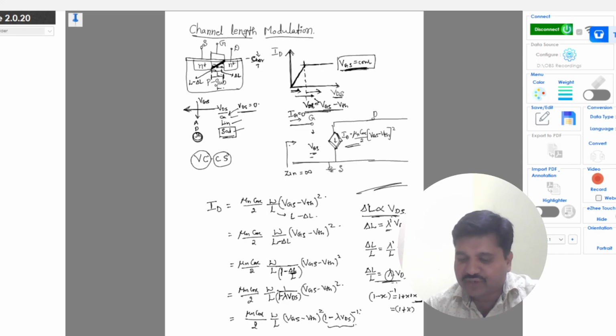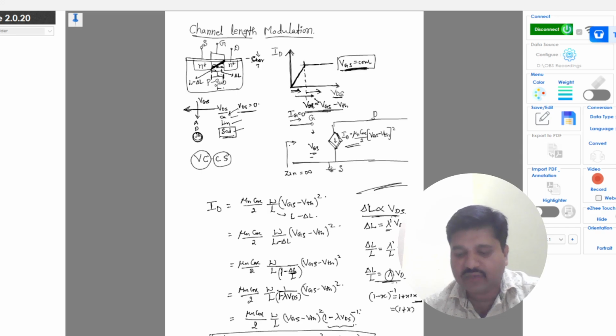So the final equation of ID can be represented as mu n COX by 2 W by L into VGS minus VTH whole square into 1 plus lambda VDS. This is the modified current equation. We will call it I dash, because this is the current with channel length modulation, and this term represents the channel length modulation.